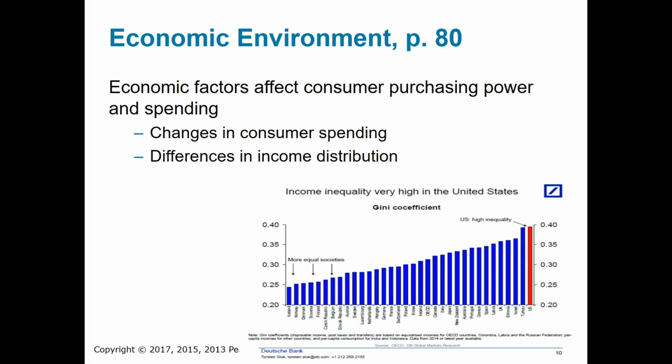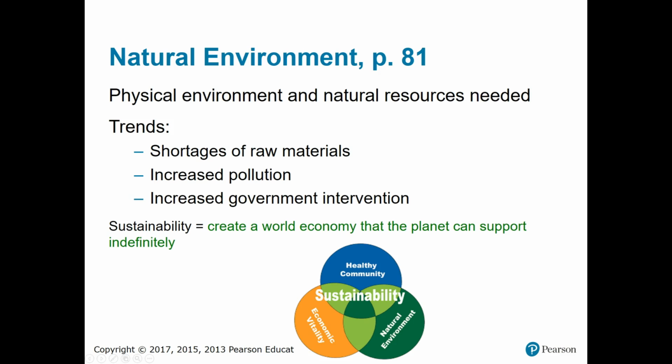If you look on the left-hand side here, the Northern European countries are the most equal as far as income is concerned, and then we are getting more and more unequal. Germany is kind of in the middle. Can you find the country you're interested in or your family is from? And here is the US.